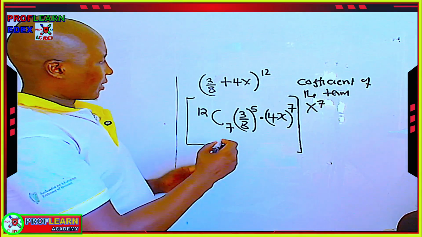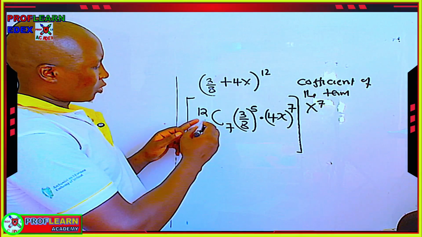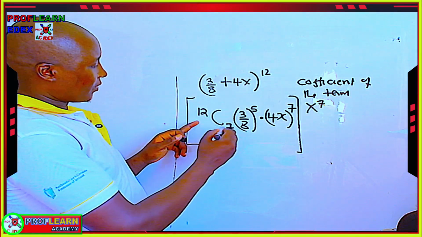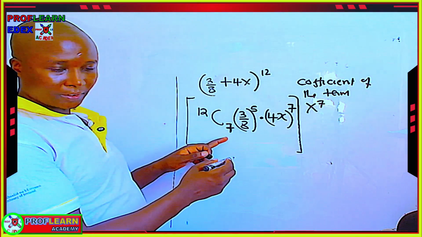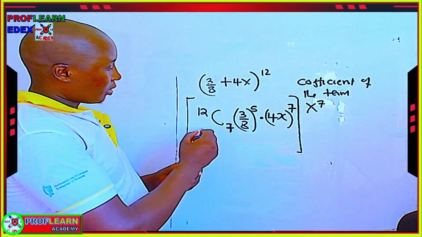When you're finding the 7th term, we have said that the 7th term is going to be at number 7 here, so it will be 12 combination 7. What will mean that we are going to work out this.